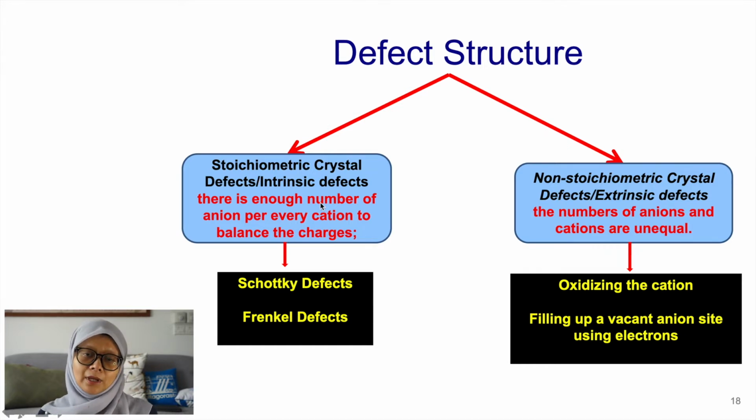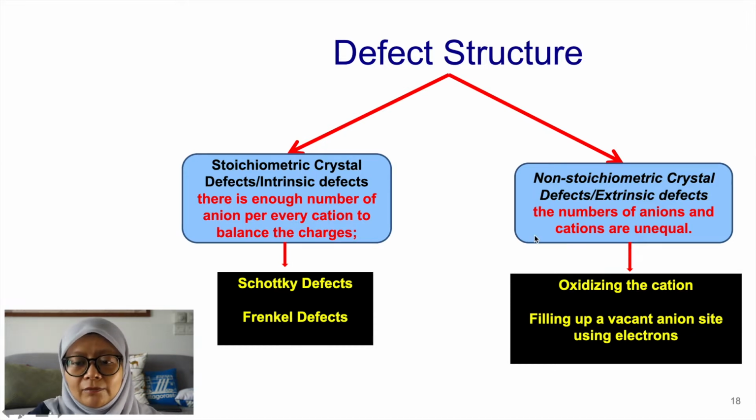These are defects that have enough ions per every cation to balance the charges.